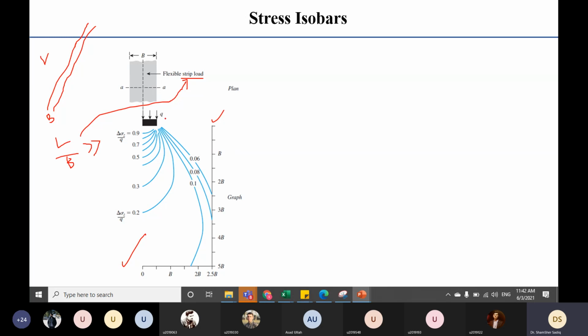So if there is a strip loading with uniformly distributed load q and B is the width of the footing, how to use this graph?